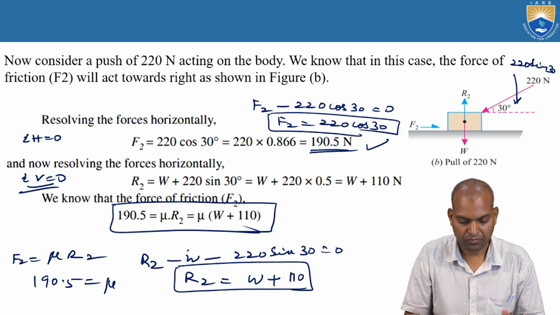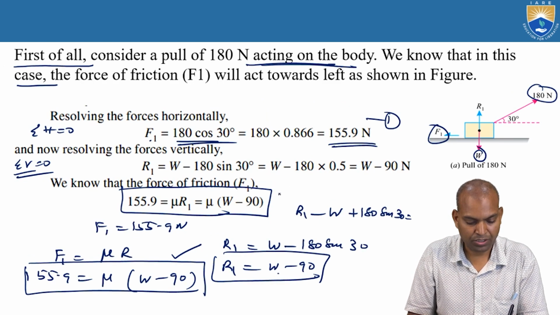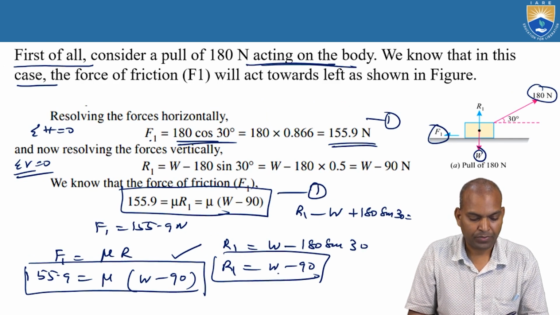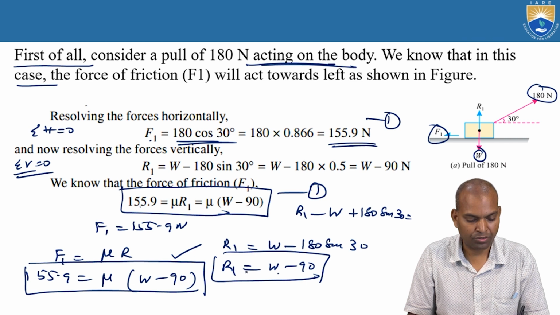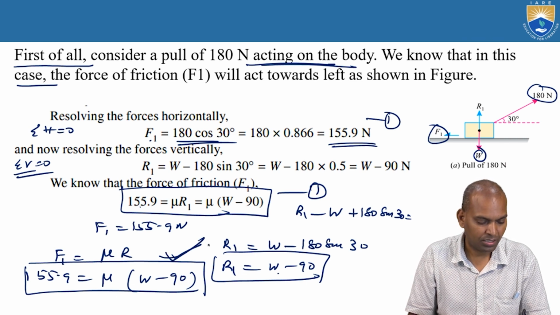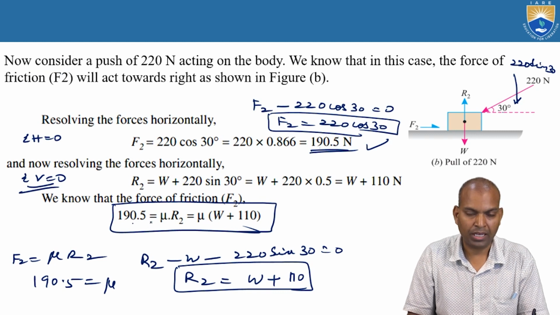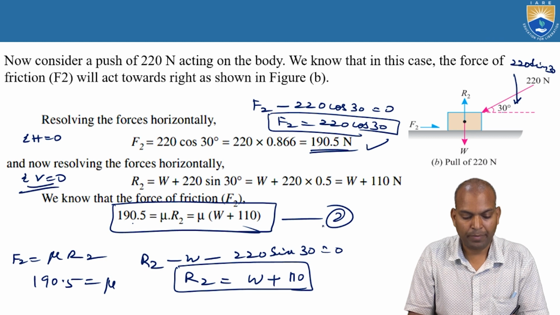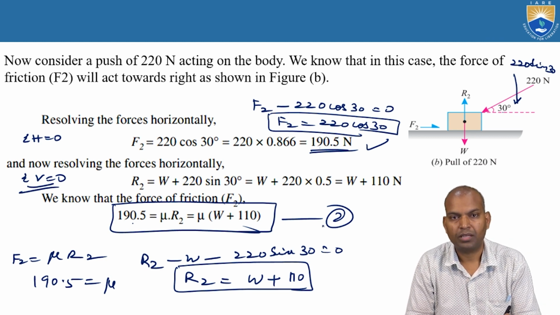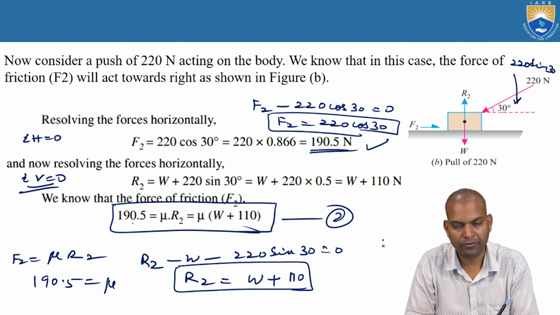One is equation 1, as I told you: 155.9 newtons equals mu times (W minus 90). Another one is 190.5 equals mu times (W plus 110). How do you find it out? Divide equation 1 by equation 2.